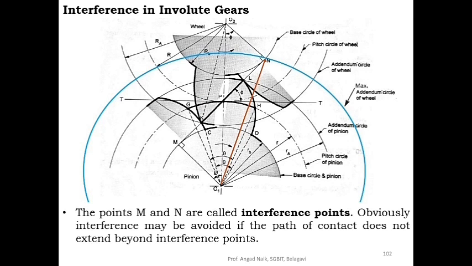The points M and N are called interference points. Obviously, interference may be avoided if the path of contact does not extend beyond these interference points.